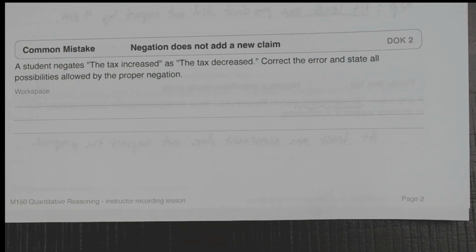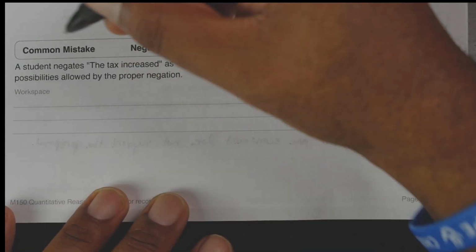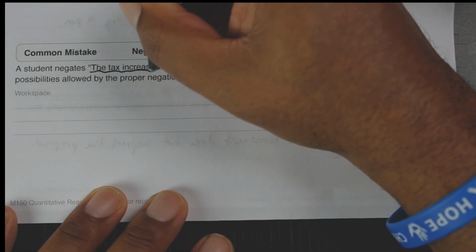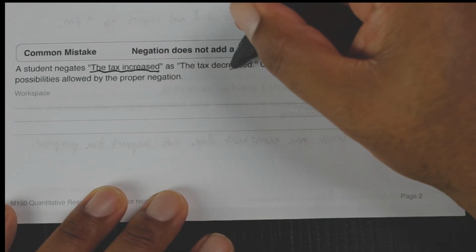So the original statement is "the tax increased," and the incorrect negation is "the tax decreased." Correct the error and state all possibilities allowed by the proper negation. Okay. So again, this is incorrect, but why? Because "decreased" introduces a new claim. The first claim was the tax increased, and then it says the tax decreased.